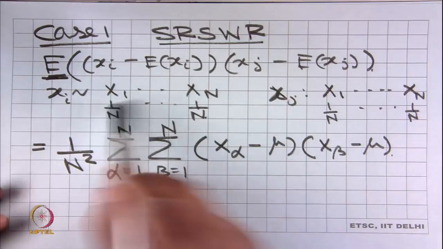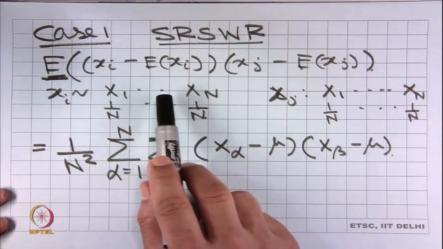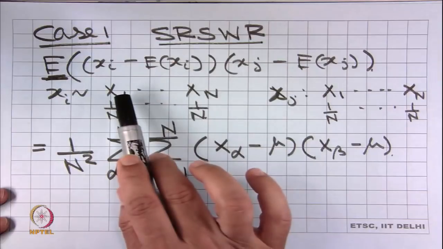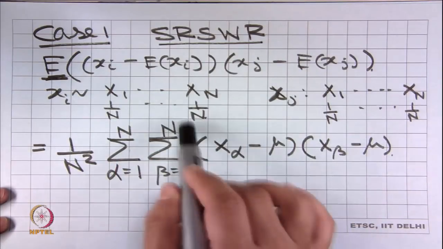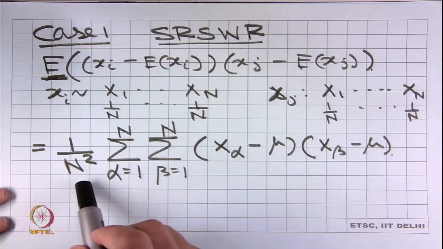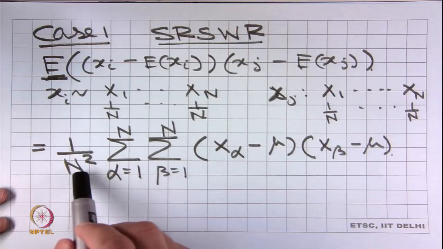Because each possible pair x alpha, x beta, there are n square many such pairs, can occur with probability 1 upon n square.